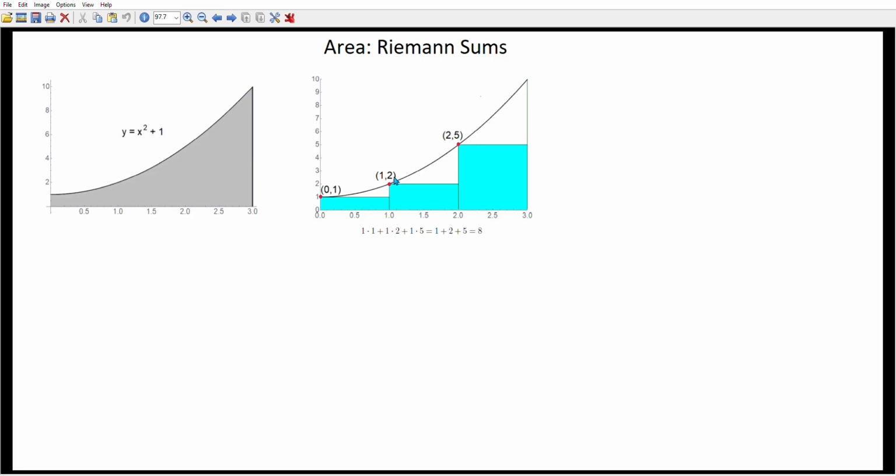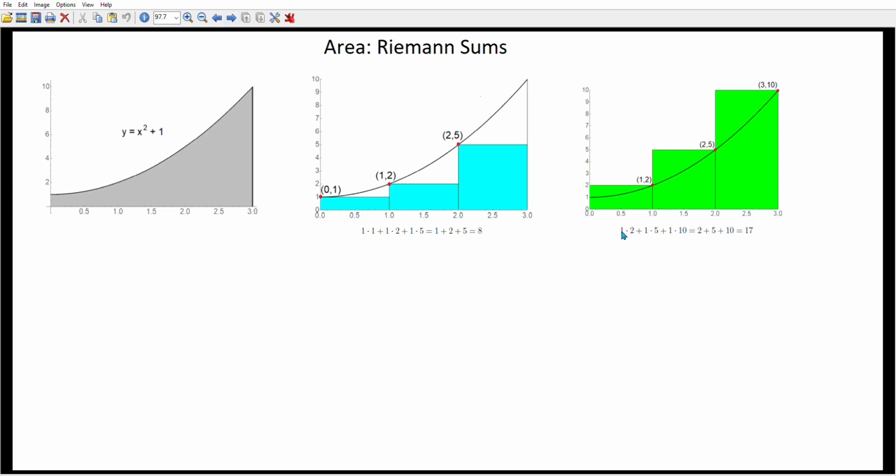We've missed these regions. We might just as well have drawn rectangles, but used the other endpoint. So same idea, broken up into 1, 2, 3 pieces. This time, however, we draw rectangles based on the height at the right-hand side. And length 1, height 2, length 1, height 5, length 1, height 10.